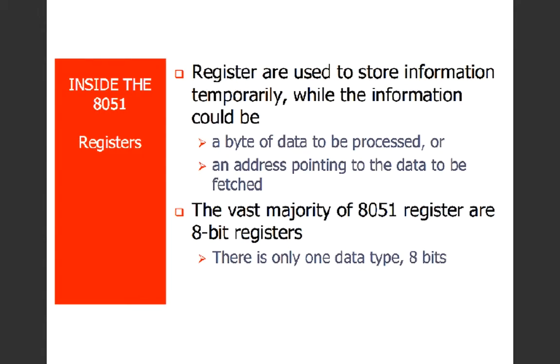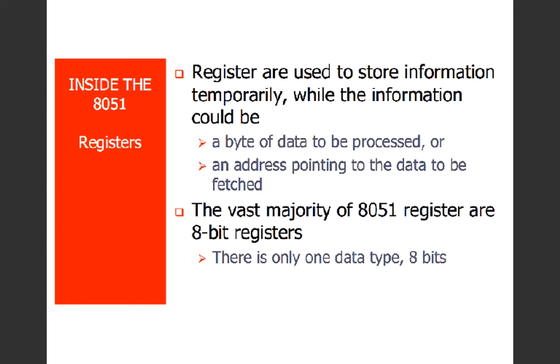Registers are used to store information temporarily. The information could be a byte of data to be processed, or an address pointing to the data to be fetched. The vast majority of 8051 registers are 8-bit registers.